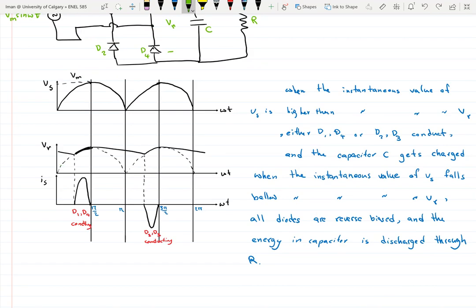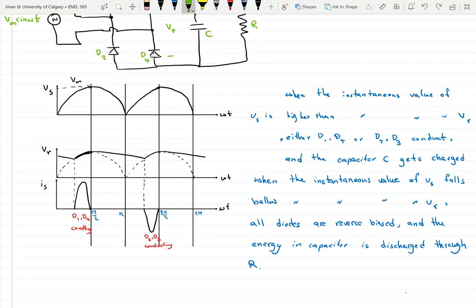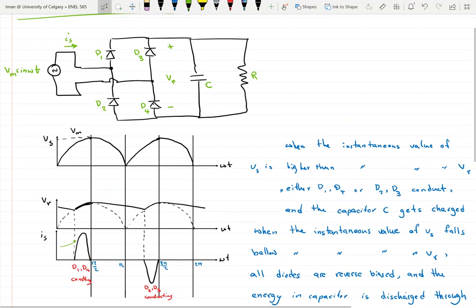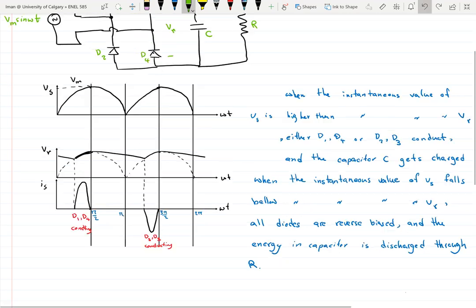Now when V_s, the voltage of the source, goes above V_R, then either D2 or D3, or D1 or D4, start conducting, and i_s actually will have some inductor value, and this current will flow through the output resistor and the capacitor and charge the capacitor up, and then boosts this voltage back up again. And this will create a ripple, a peak-to-peak ripple.